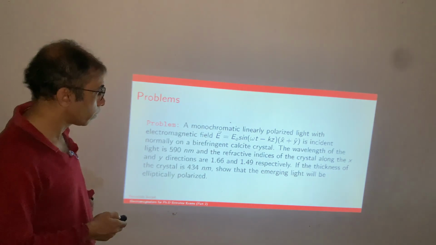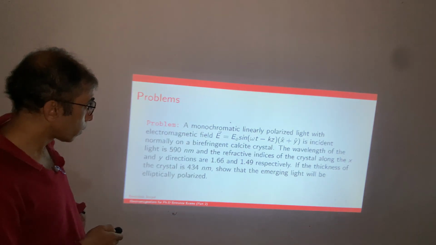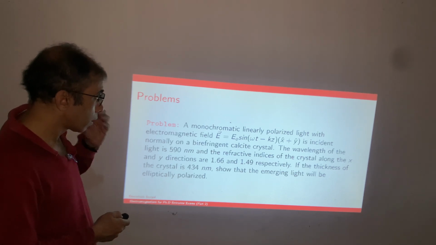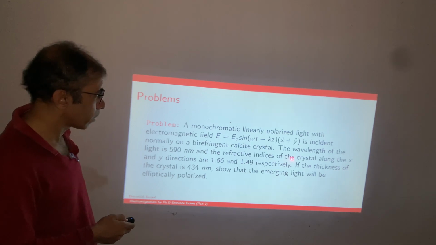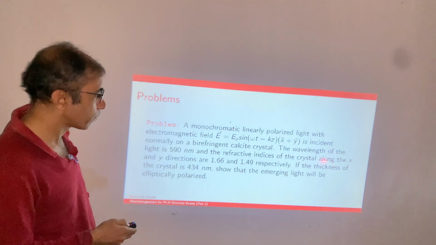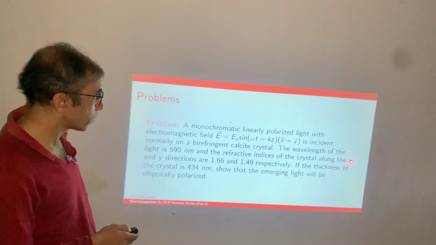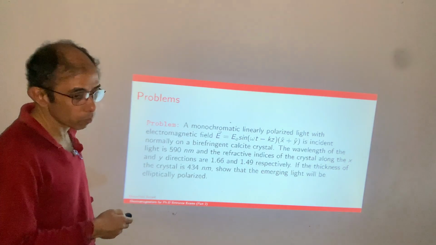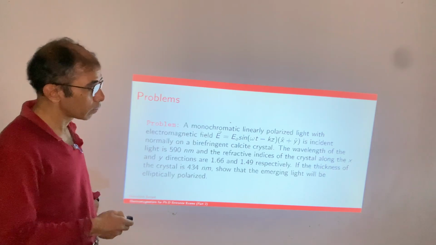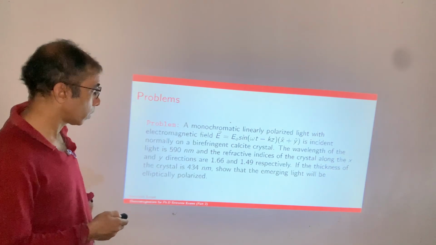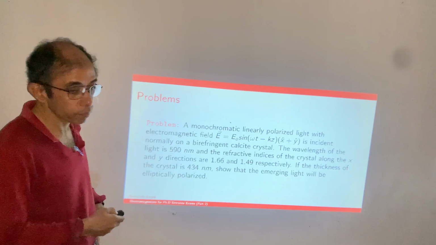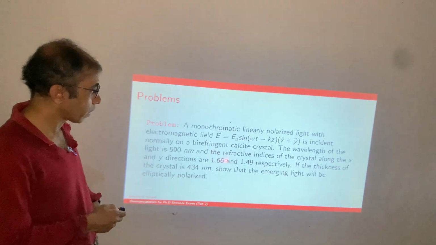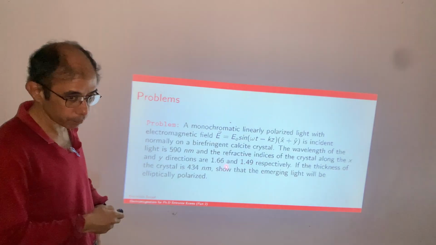Say if the extraordinary ray vibrates along the x direction, then the ordinary ray will vibrate along the y direction, and the two rays will have different velocities, because the refractive indices are different.